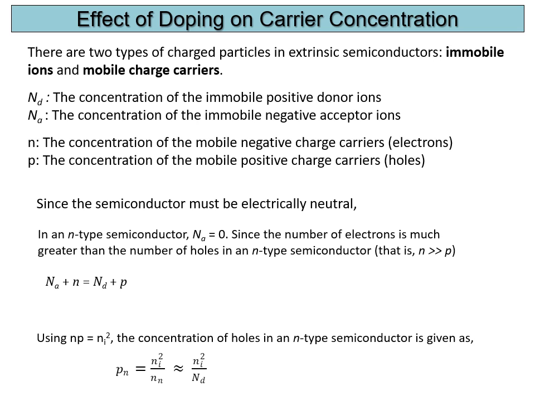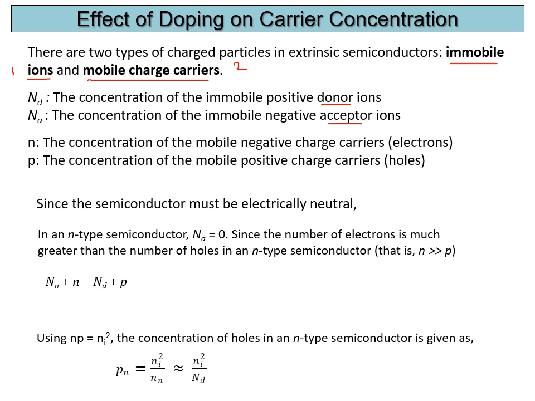There are two types of charged particles in extrinsic semiconductors. The first one is immobile ions. The second one is mobile charge carriers. Nd is the concentration of the immobile positive donor ions. Na is the concentration of the immobile negative acceptor ions.